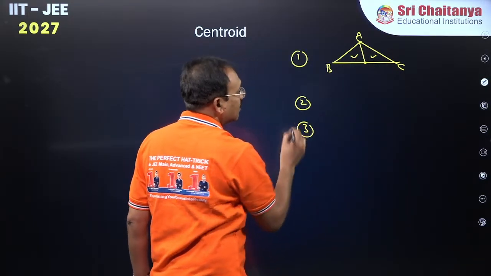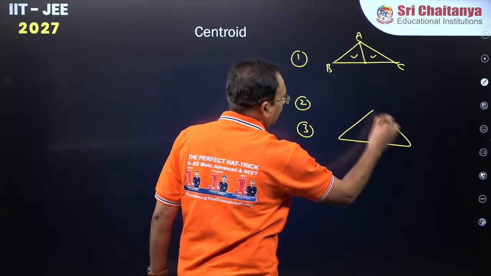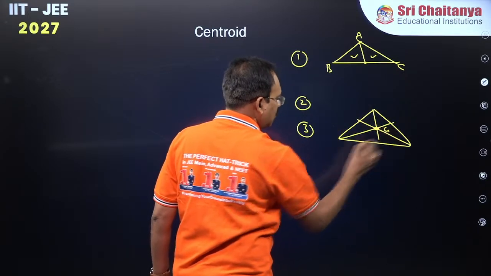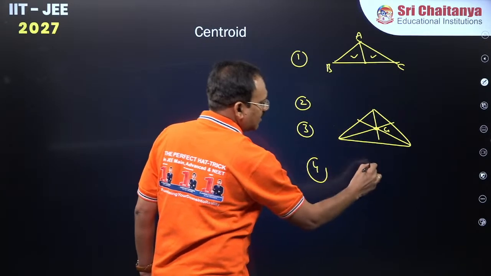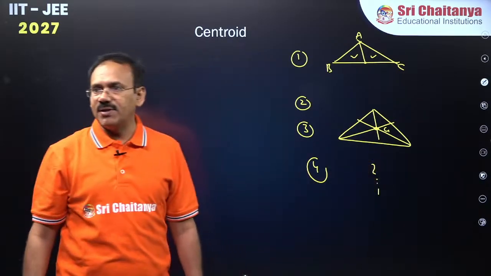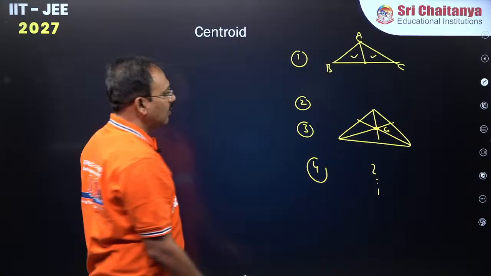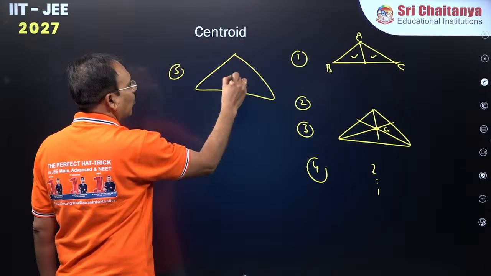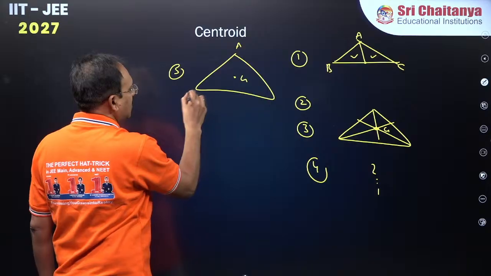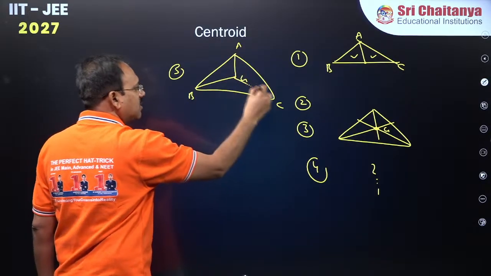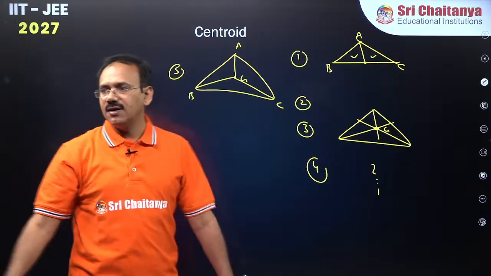Third point, the point of concurrence of medians is called centroid G. Fourth point, centroid divides any median in the ratio 2:1 internally from the vertex. Then fifth point, centroid is the only point in triangle ABC such that triangle AGB area is equal to GBC is equal to AGC. Clear?